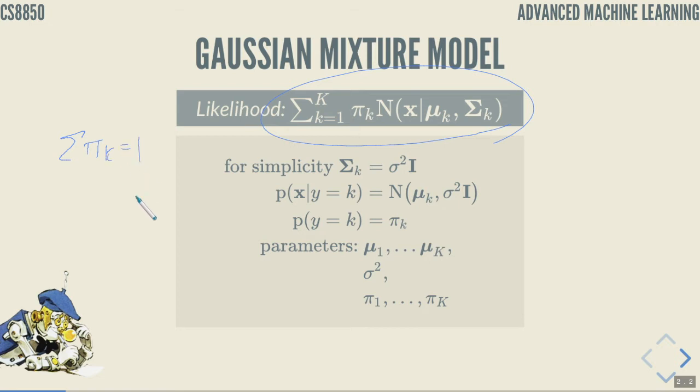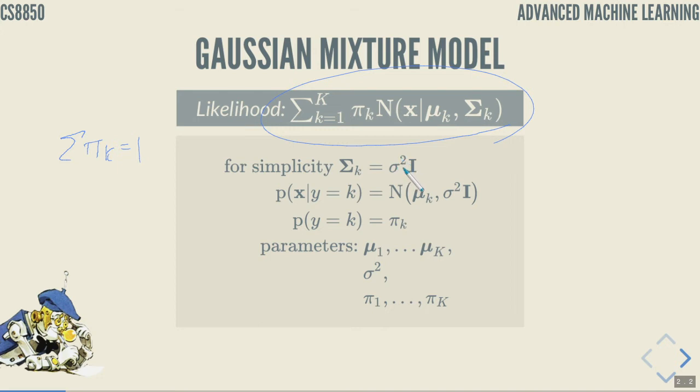And for simplicity in this subchapter, let's assume that we just have a diagonal covariance matrix, and not only is it diagonal, it is the identity times some value of variance.